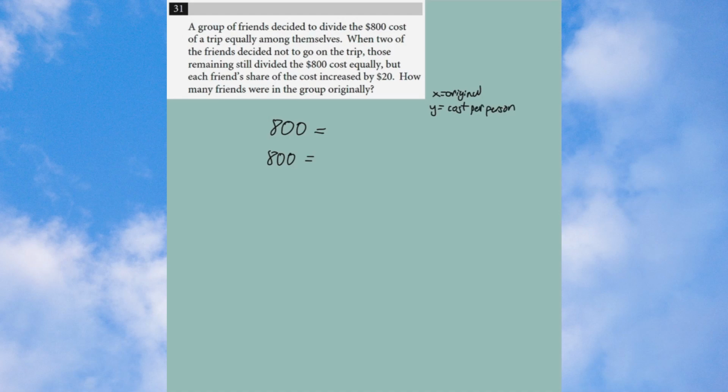For the original, each person paid y, so it'd be x times y. And for the new cost, we have x minus 2, as there are 2 fewer people, times y plus 20, as each person is paying 20 more. And now this is just a system of equations.